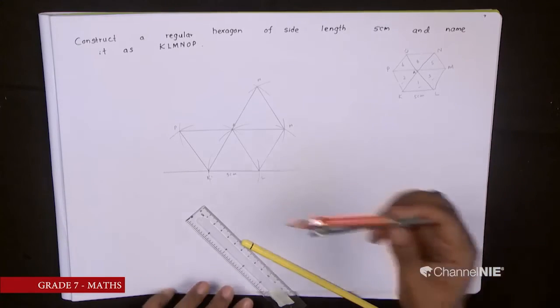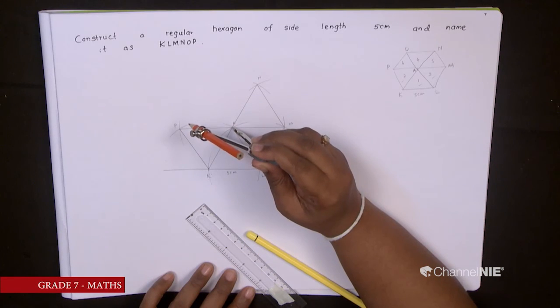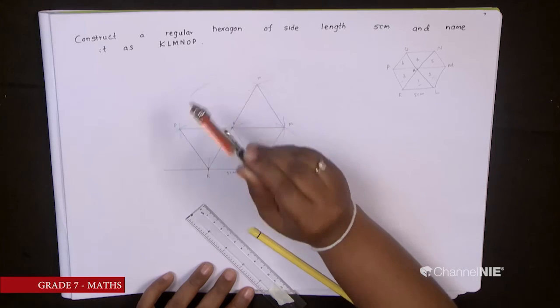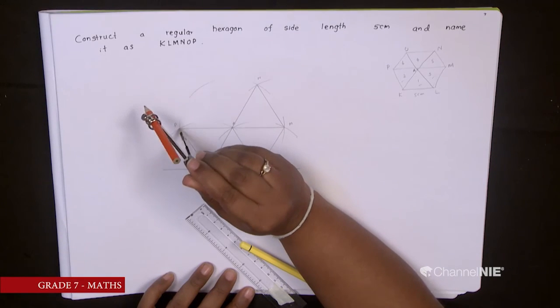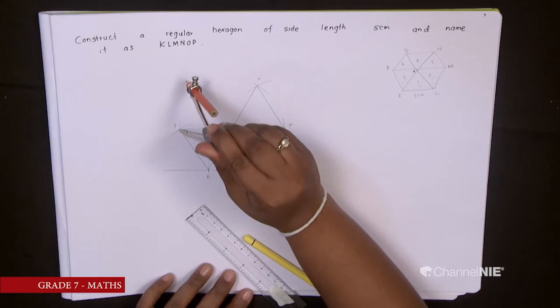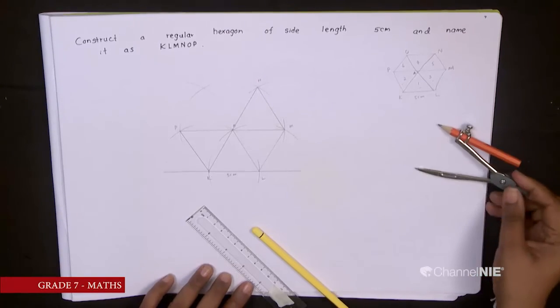Next, I am going to place my pair of compasses on A, draw an arc, then place my pair of compasses on P and draw an arc to intercept the previous arc.